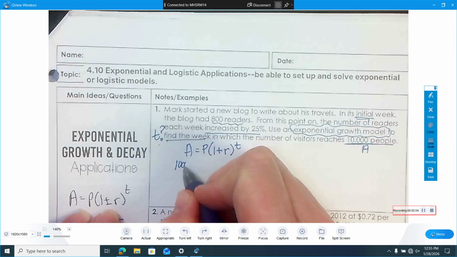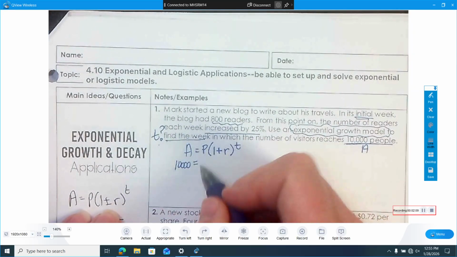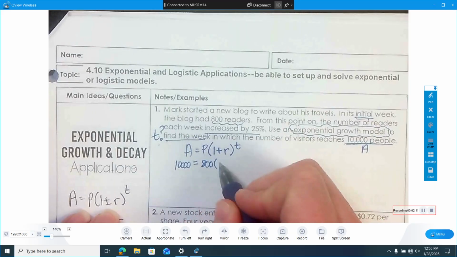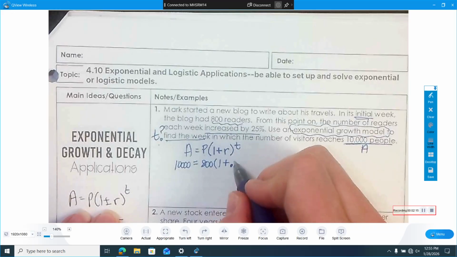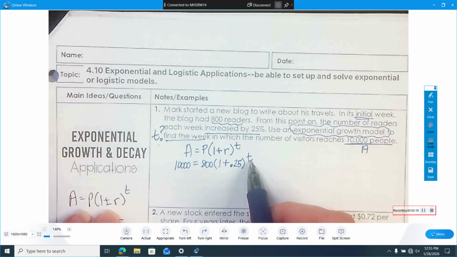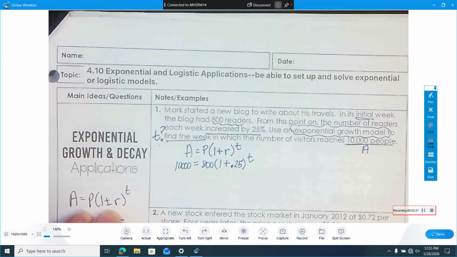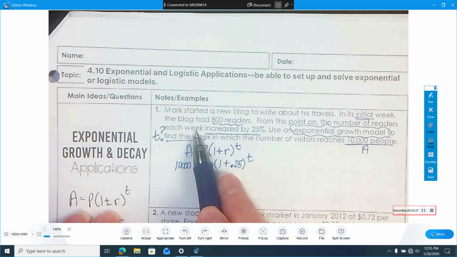What was our initial? 800, yep. And 1 plus, what's our rate? 0.25. And we're trying to find the time. In this case, that T represents the number of weeks, since it was growing 25% every week. We're finding the number of weeks.